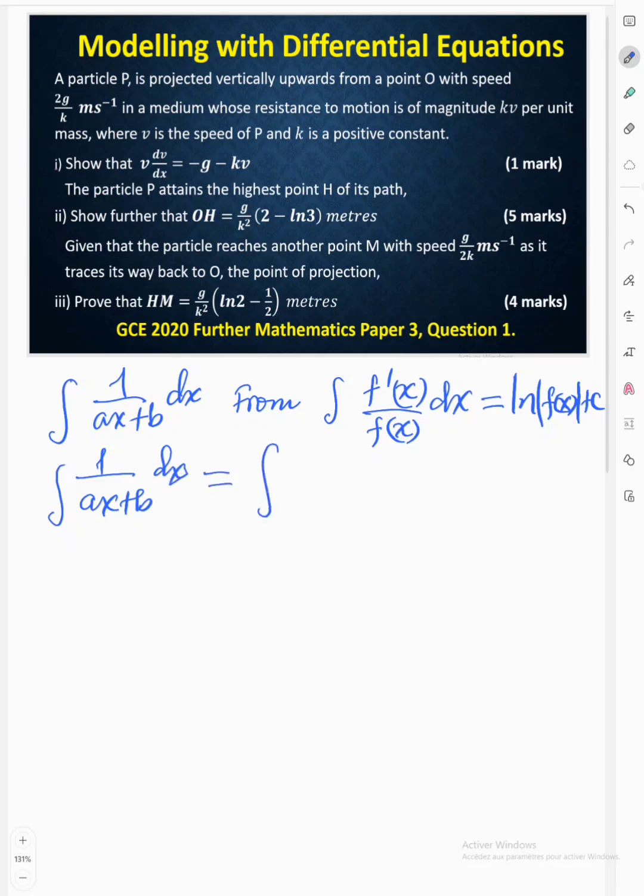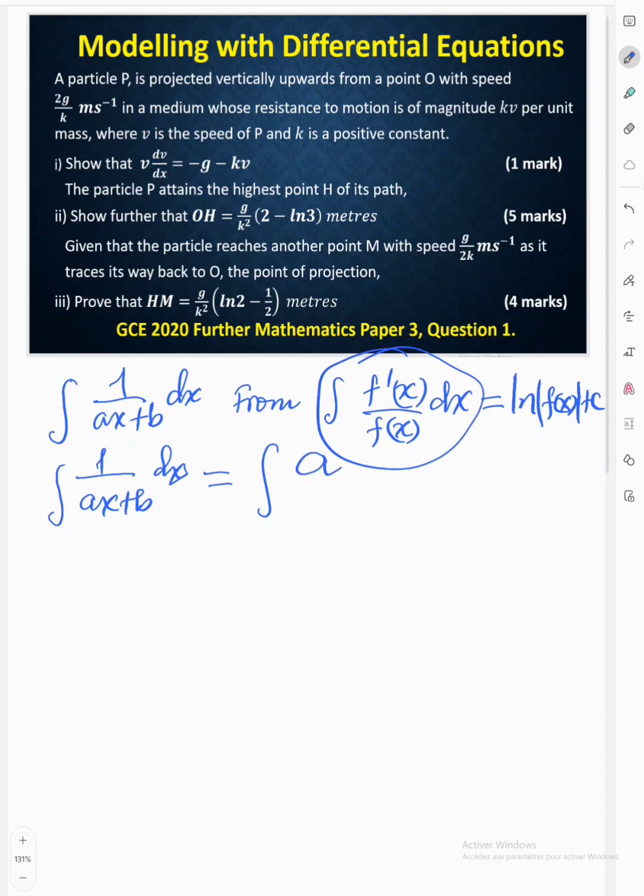this would be the integral of, now the derivative of the denominator is a. When you differentiate a linear function, you are just left with the coefficient of x. ax plus b is a linear function, and for us to apply this format, the derivative of the denominator should appear at the numerator.